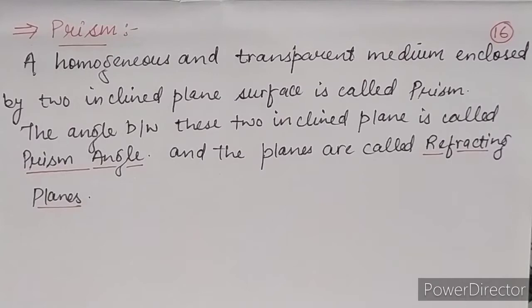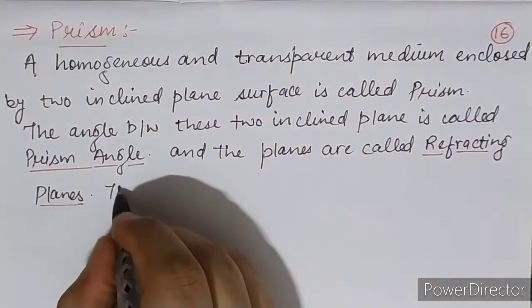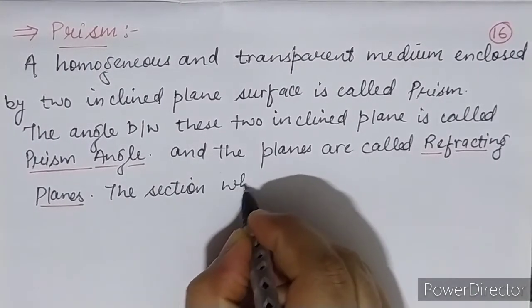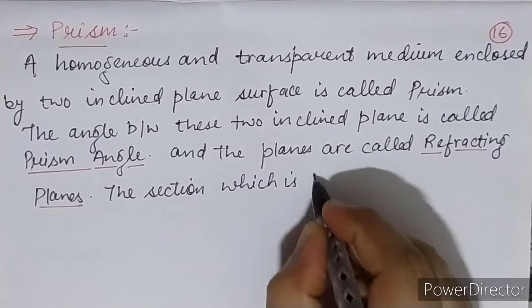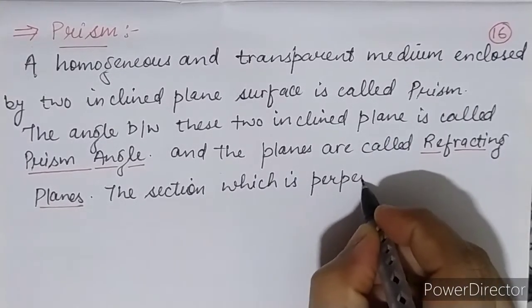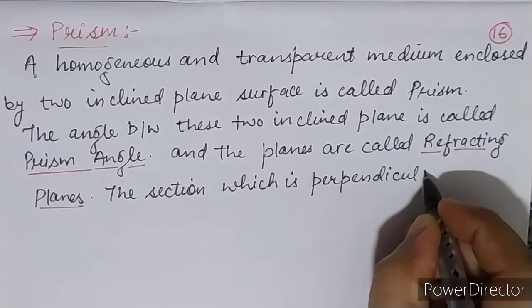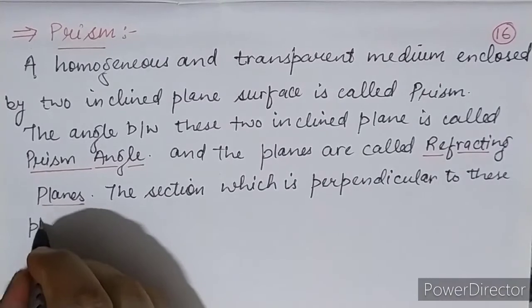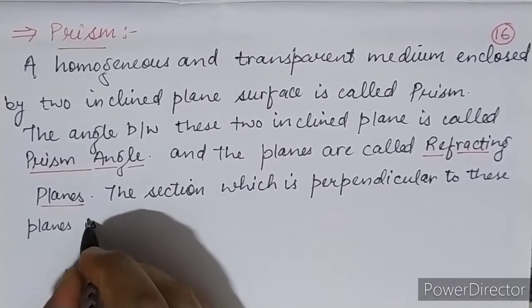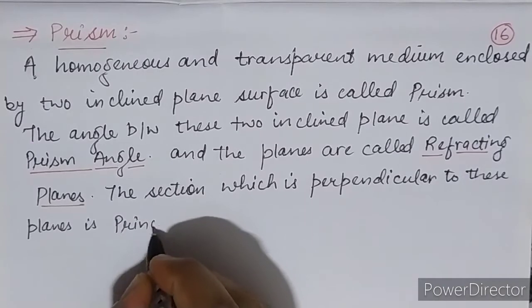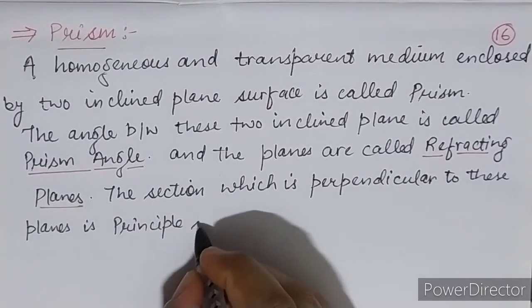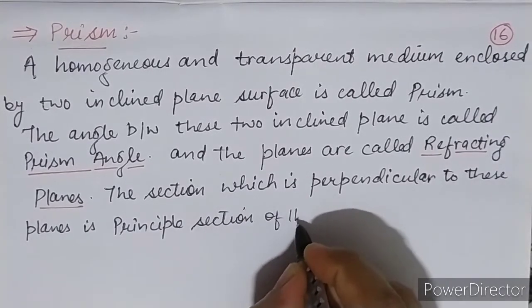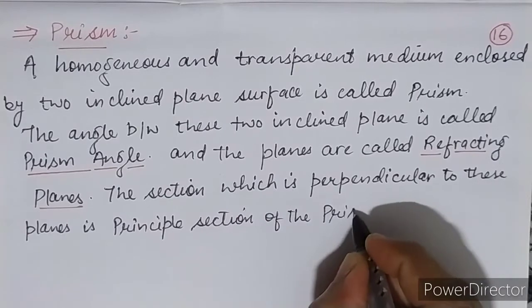The section which is perpendicular to these planes is the principal section of the prism.